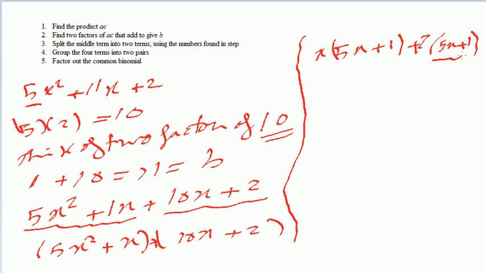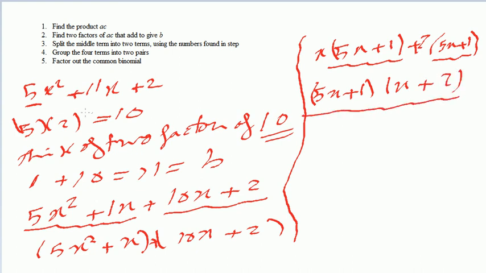Now look at this. It's 5x plus 1 and 5x plus 1. So let's take it as a common factor: 5x plus 1 multiplied by x from here plus 2. So I could factorize 5x squared plus 11x plus 2 into 5x plus 1 multiplied by x plus 2.